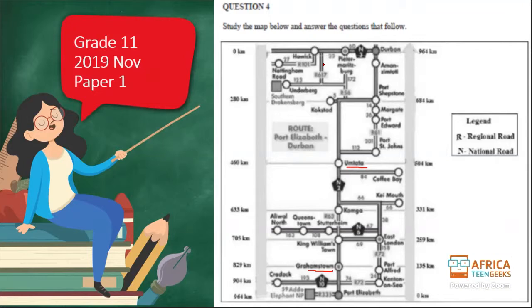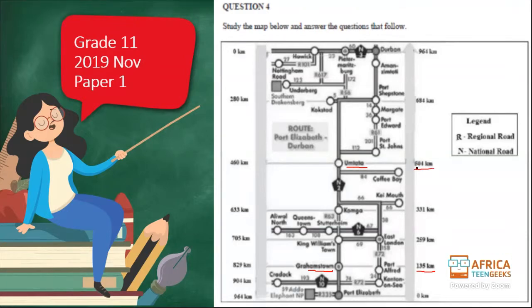Okay, now let's get the answers. To get the distance between Umtata and Grahamstown, you're supposed to use the distances on the left hand side. You can see from PE to Grahamstown, it's 135, and from PE to Umtata, it's 544.